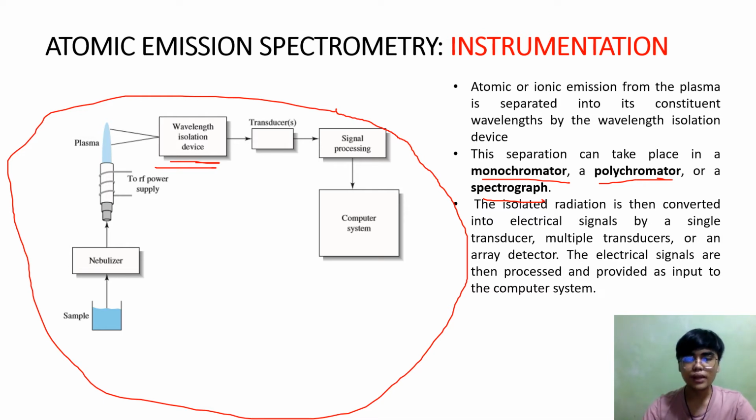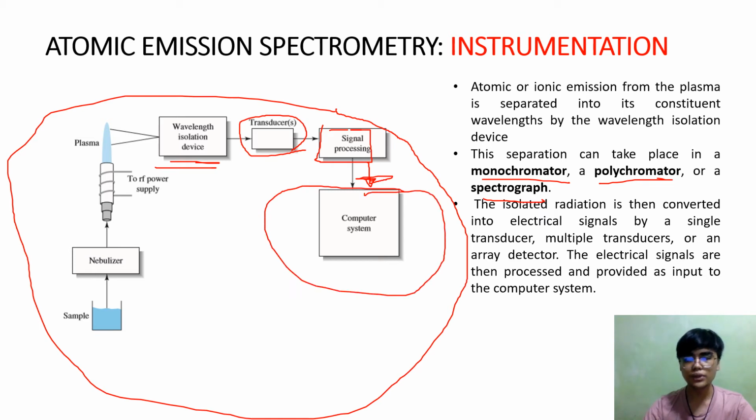The isolated radiation is then converted into electrical signals by a single transducer, or an array detector. The electrical signal is then processed and provided as input to the computer system.